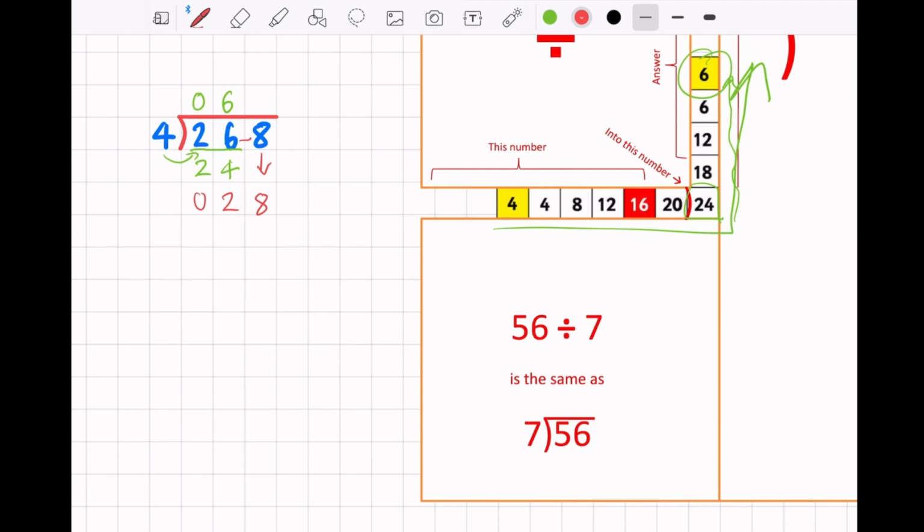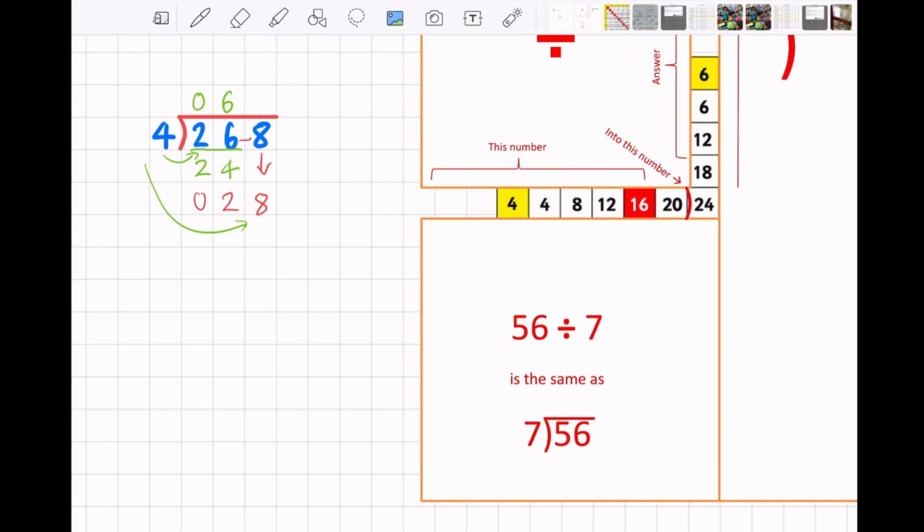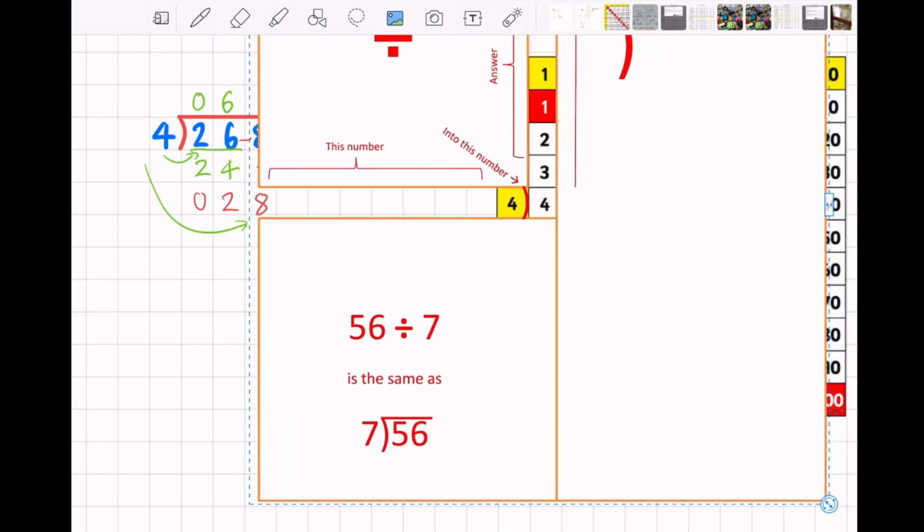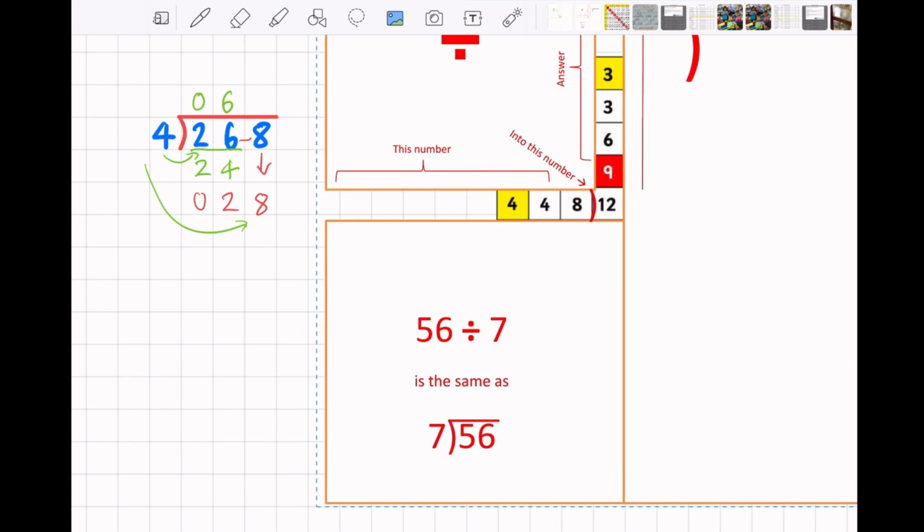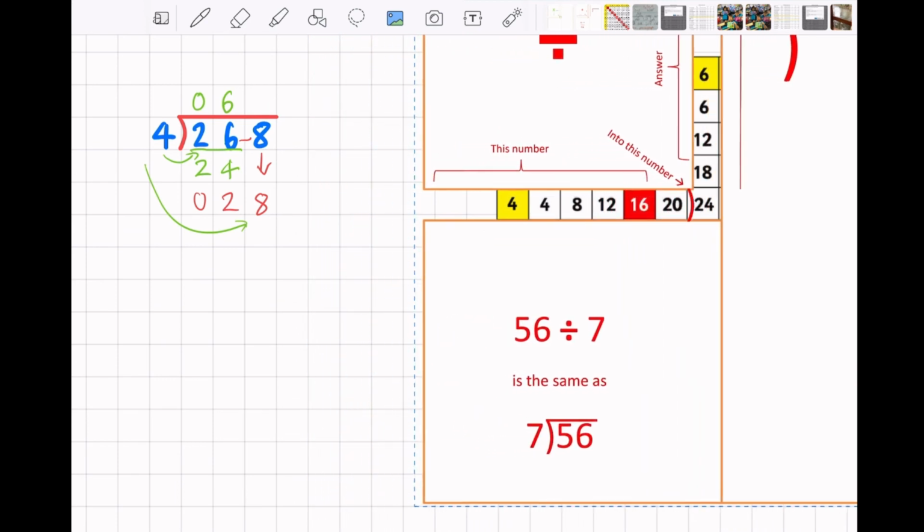So my next calculation is 4 into 28. So I'm going to use my finder again. I might just rub off my old mess so I can do the next part. So I'm going to grab my finder. I'm going to go across. And what do I see?